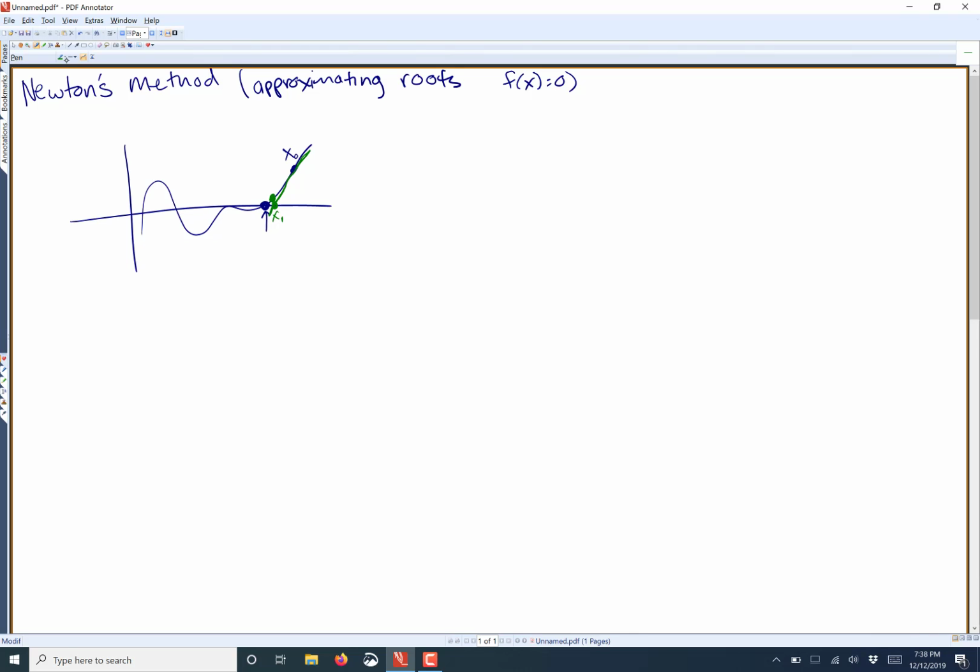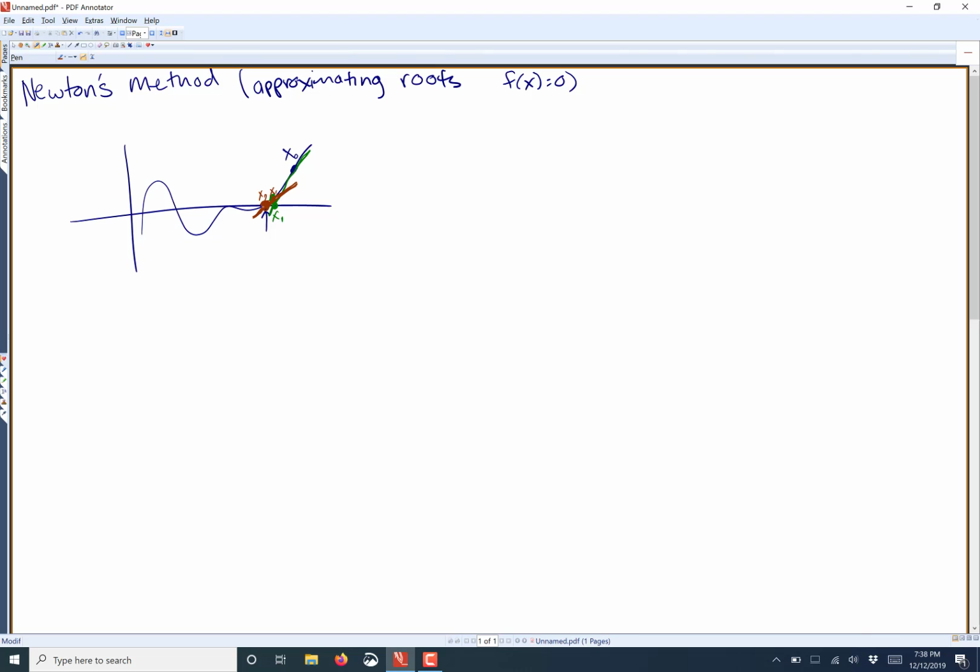We'll put it on our function. Then we do the same thing again. So that point is a little bit closer, but still not as close as we'd like. So that was x1. So then we draw the tangent line at that point and see where it crosses. And look, it actually crosses right at the root. So my second guess, or that was my first guess, second, third, I guess if you want to call it that, actually led me to the root.